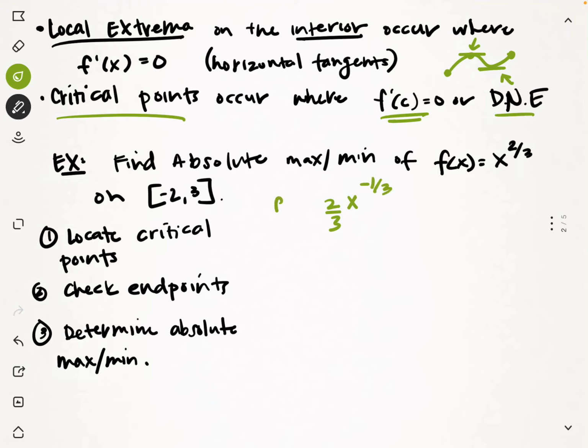So this is going to be f prime. Now we have to figure out where this is equal to 0, or where this value does not exist. Let's make it a little bit cleaner to work with by changing that x to the -1/3 to 1 over the cube root of x.